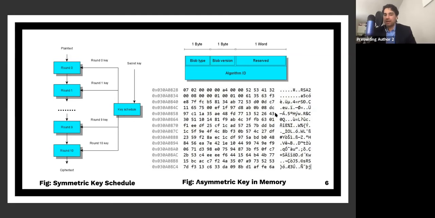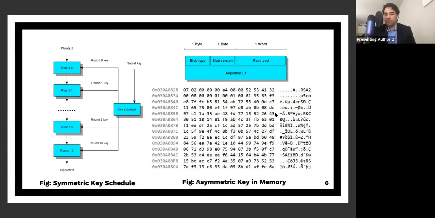As you can see, there's a header, and the RSA2 part over there in ASCII shows that it's an RSA private key in memory. Those hexadecimal bytes are all predefined when a particular type of RSA key blob is being observed in memory.